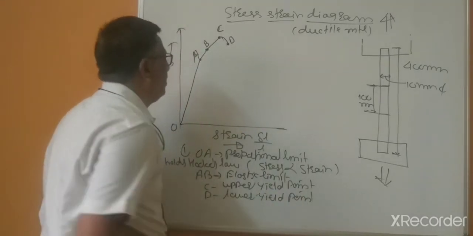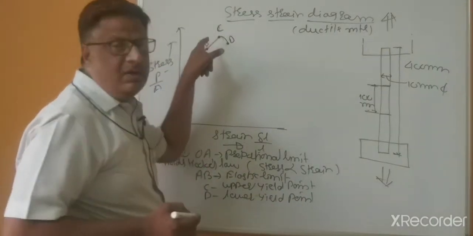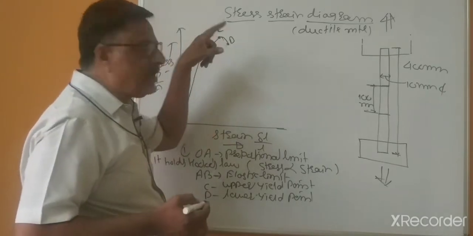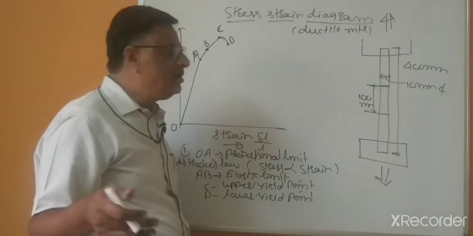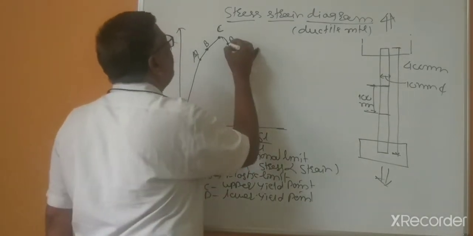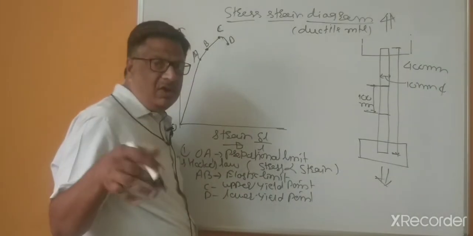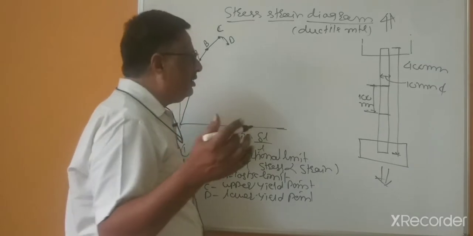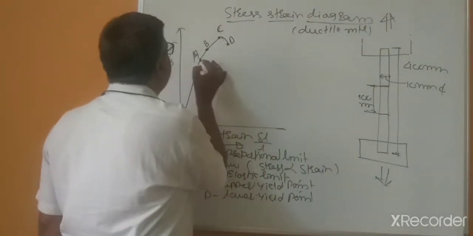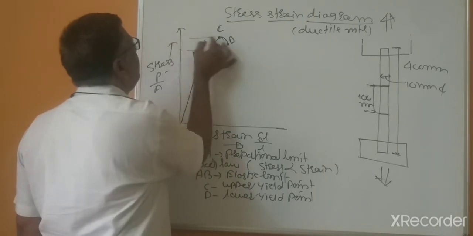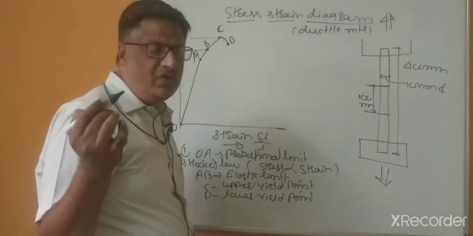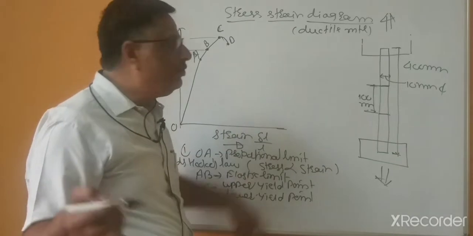Here strain increases but stress is decreasing, so some of the stress is releasing. Again from point D, if we are increasing the loads, suppose up to point A 300, up to point B 350, point C 400, and again point D 450.